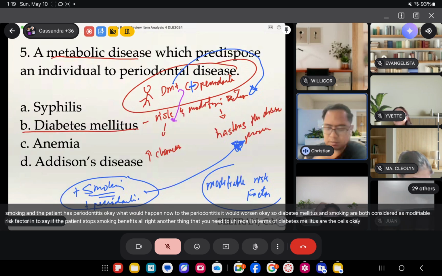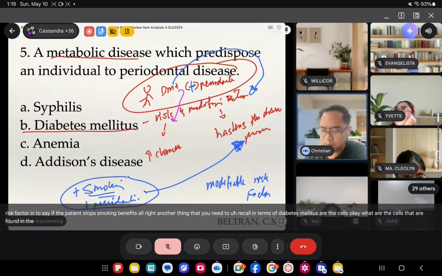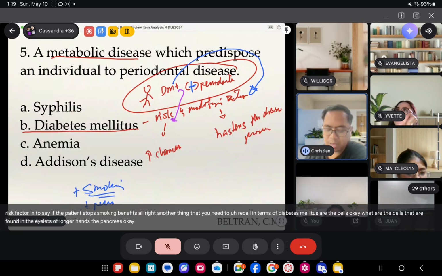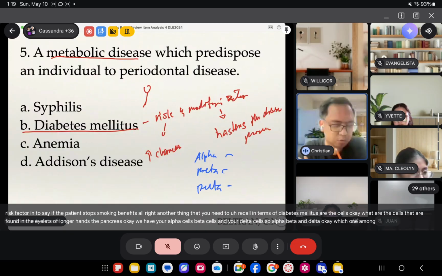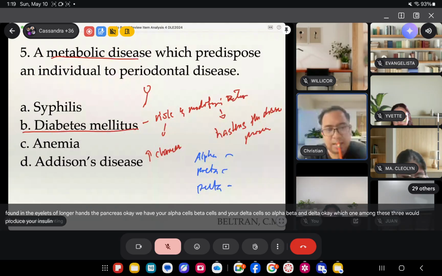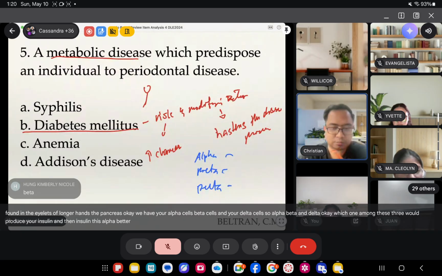All right. Another thing that you need to recall in terms of diabetes mellitus are the cells. What are the cells that are found in the islets of Langerhans of the pancreas? We have your alpha cells, beta cells, and your delta cells. Which one among these three would produce your insulin? Is it alpha, beta, or delta? Beta, insulin.